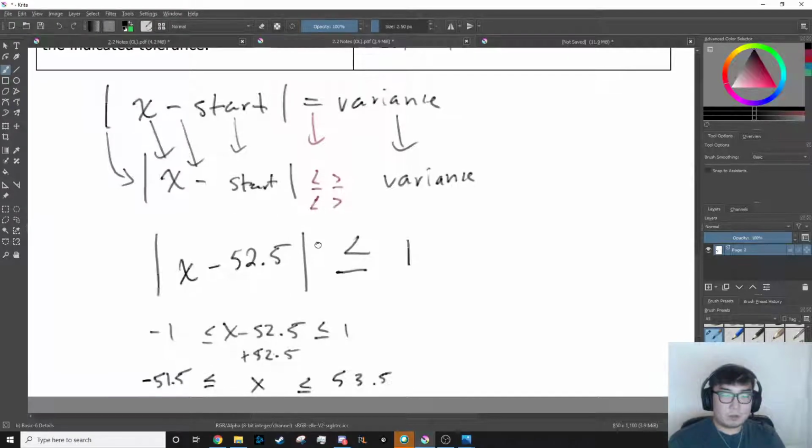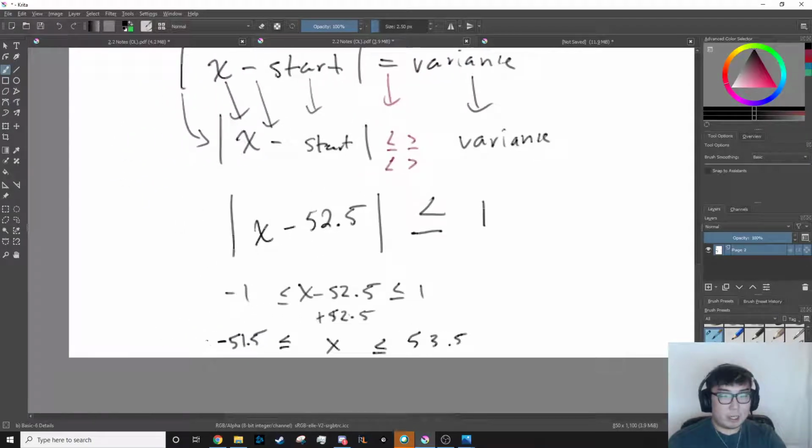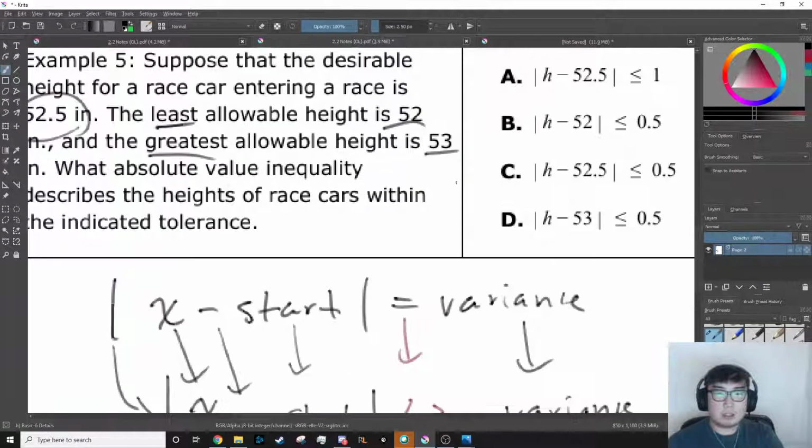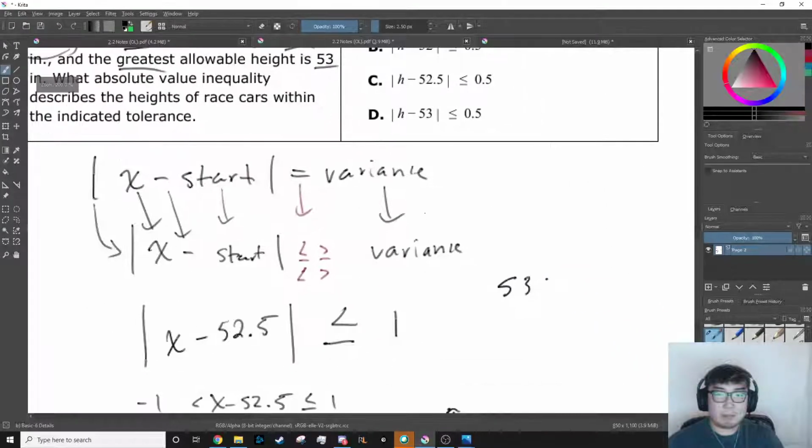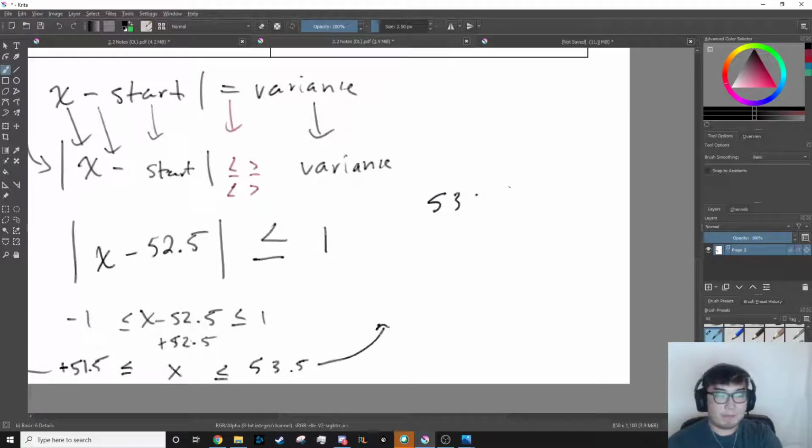So how much am I off? This is positive, sorry. How much am I off from this? So 53 is my max, right? 53 is the greatest that I can have it, but my answer became 53.5.